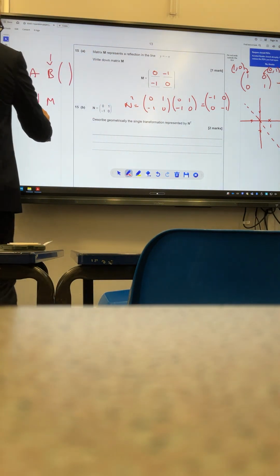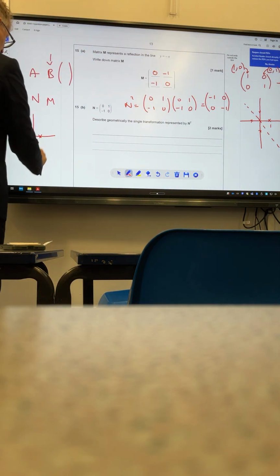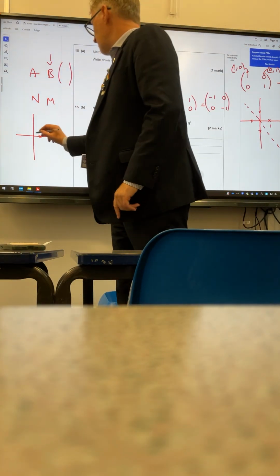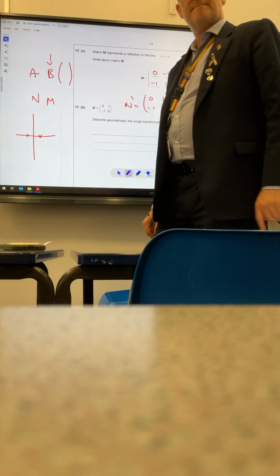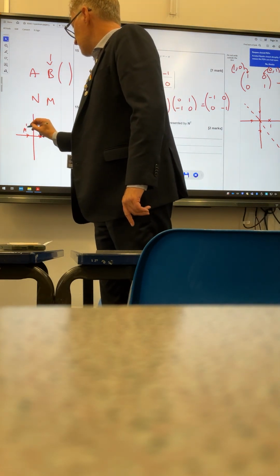Now, if we think about it, that means our point 1, 0 there, there's our 1, 0, it's moved to minus 1, 0 over there. So if that was A, that's gone to A dash.